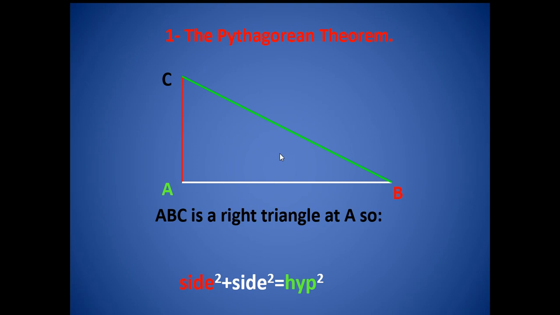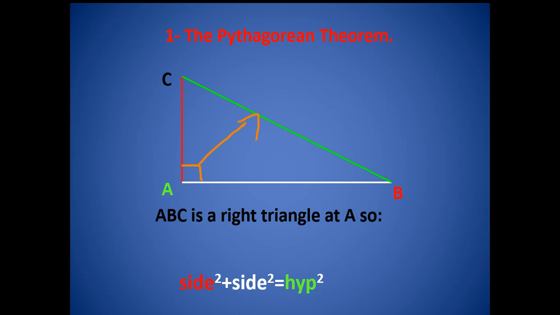So if I have a right triangle ABC, we know that BC is called the hypotenuse because it's the longest side and it's the side opposite to the 90 degrees. Here I have the 90-degree angle. So this one is called the hypotenuse, all the time the side opposite to the 90 degrees, or also they say the longest side. So what is the Pythagorean theorem?